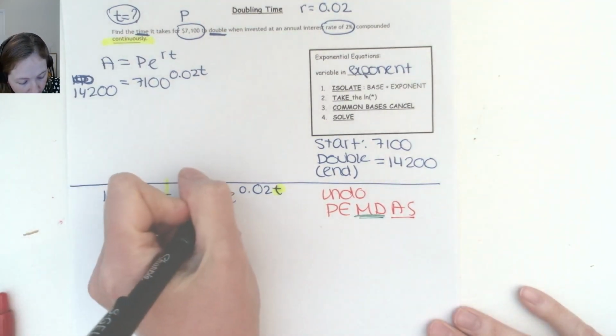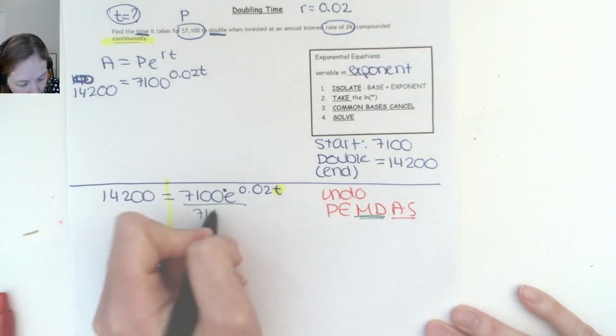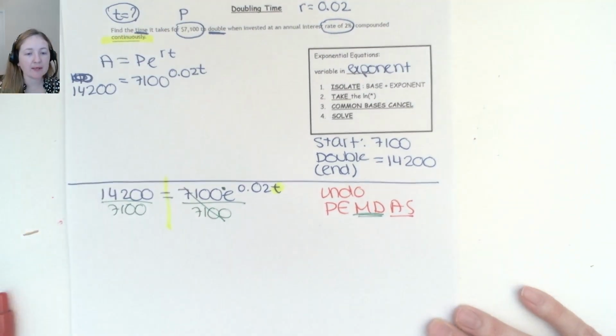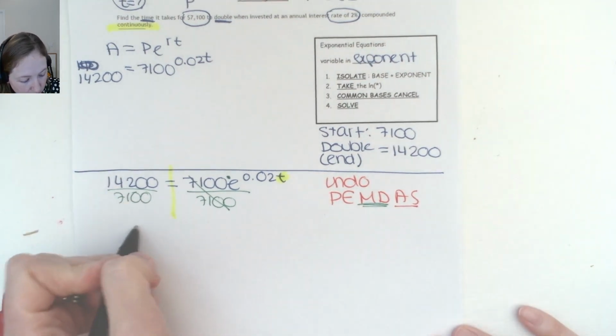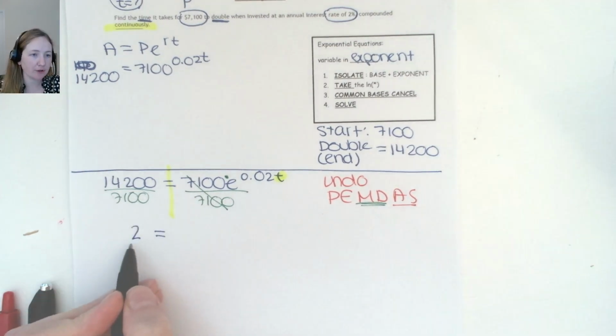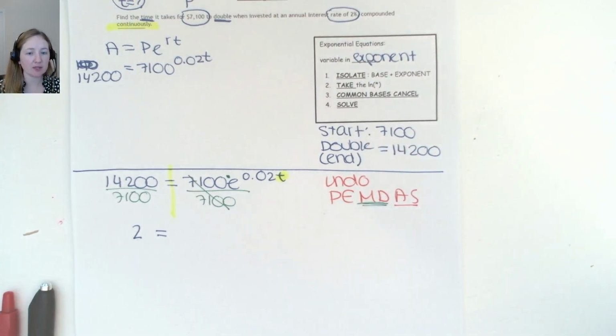I have 7,100 times, so I will divide both sides by 7,100. When I take 14,200 divided by 7,100, that gives me 2, and that should not come as any surprise because we were doubling the money. I will mention, if you were trying to triple the money, when you make that division, you're going to get 3. So that connection between 2 and double is very much there.